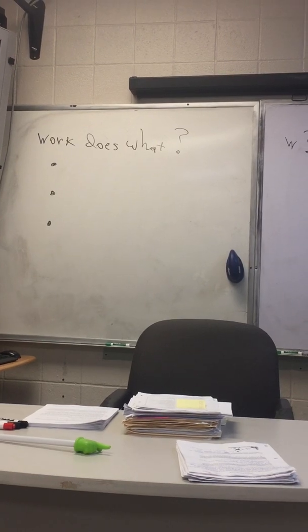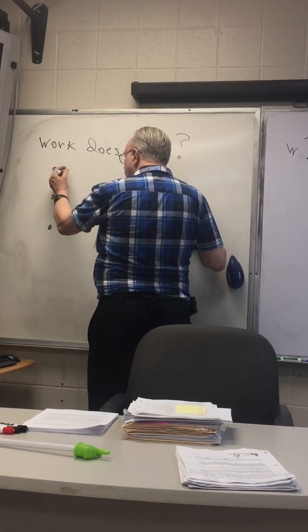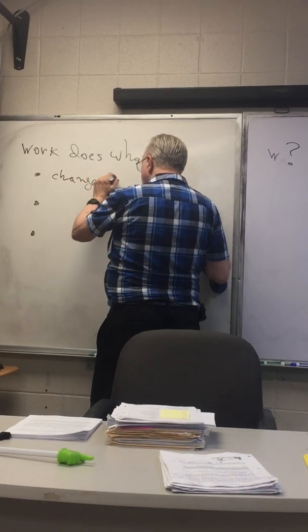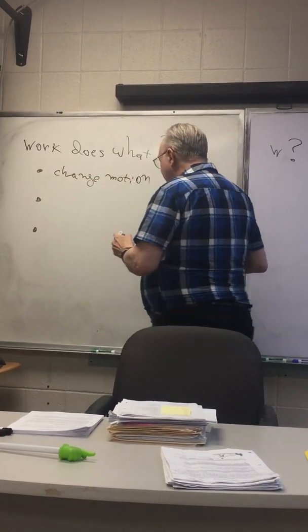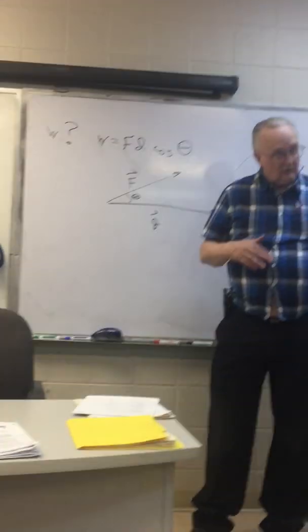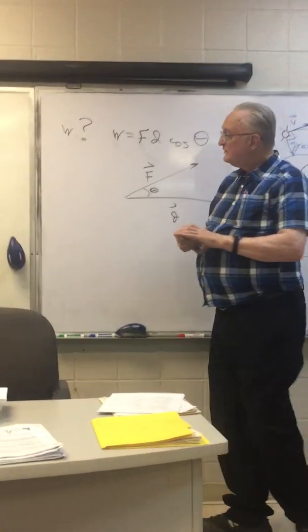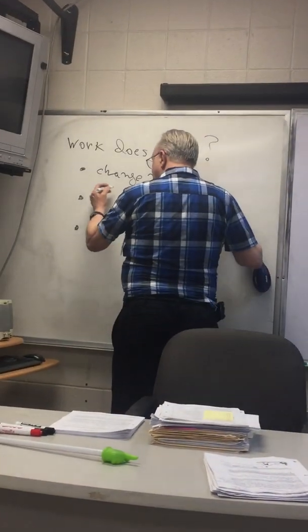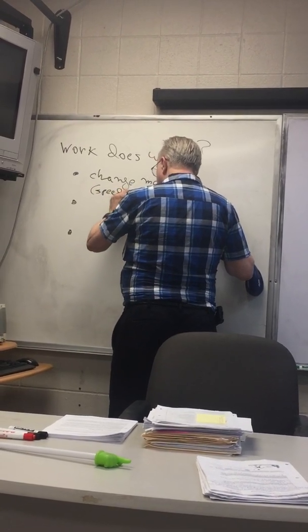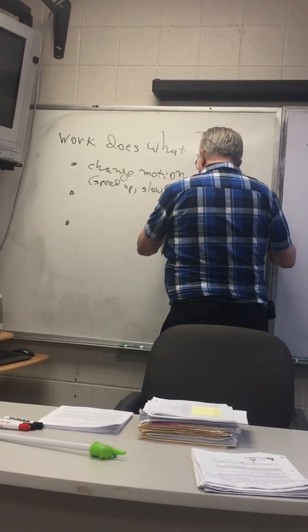Energy is your ability to do work, so work can cause motion or change motion. If a body's sitting still, it can make it move. If a body's already moving, it can make it move faster or slower, or make it turn a corner. So there's 3 possibilities here: speed up, slow down, or turn a corner.